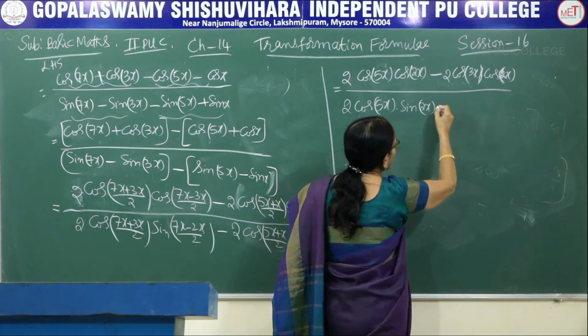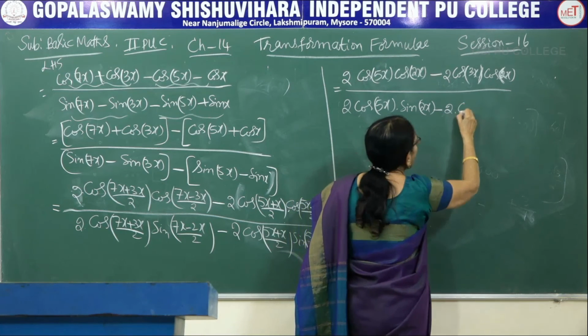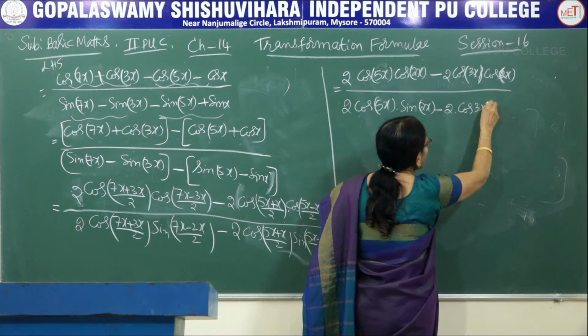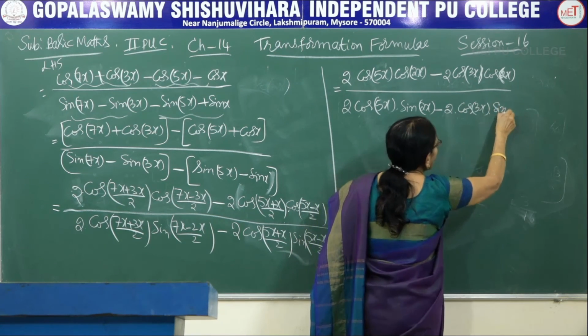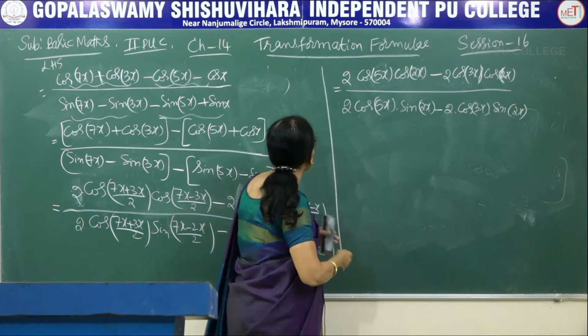Now all of them are cosine, here it is changed, minus 2 times cos of 3x into sin of 2x.